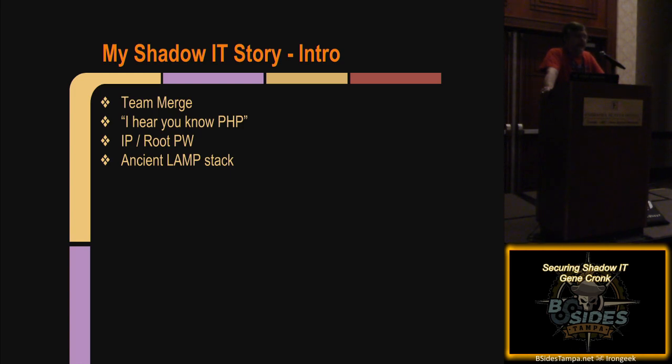Bear in mind, I got this access in 2012. It was PHP 4, which hadn't been supported since 2008, and Apache 2.0, which hadn't been supported since 2007-ish. And MySQL 3. So this thing was ancient.